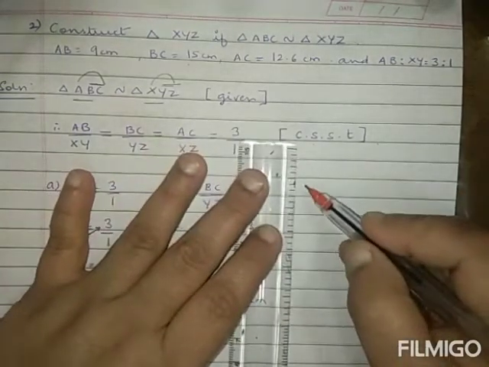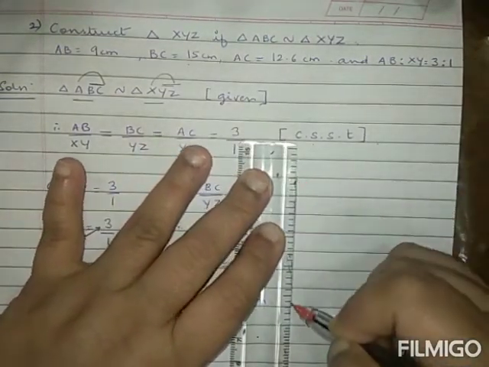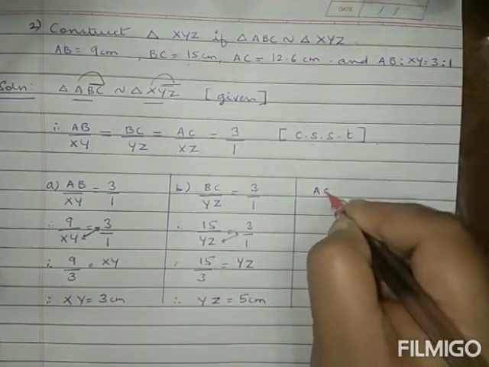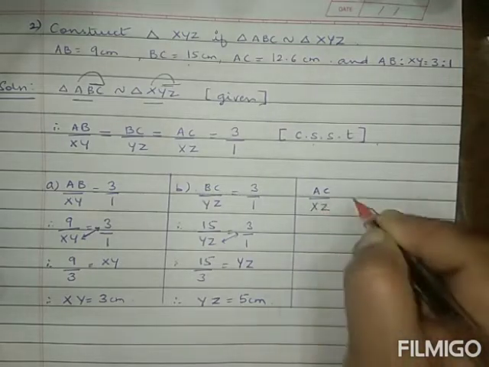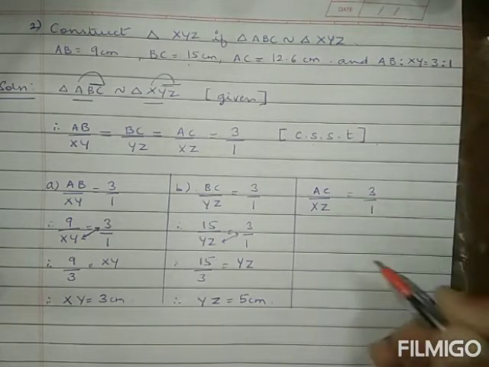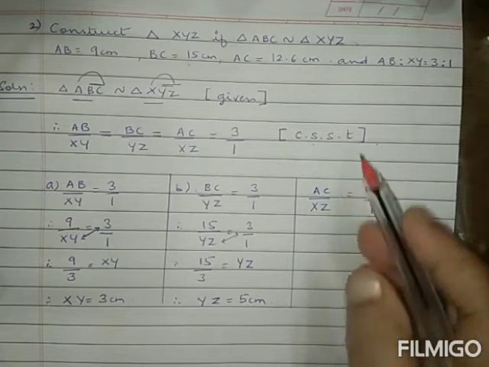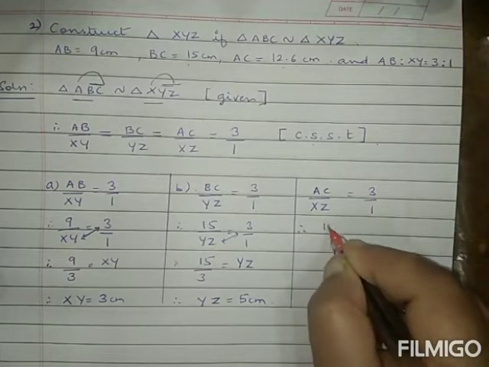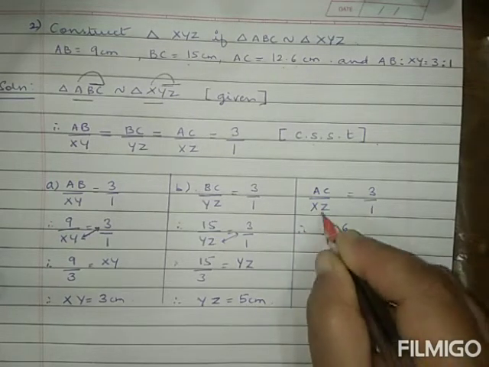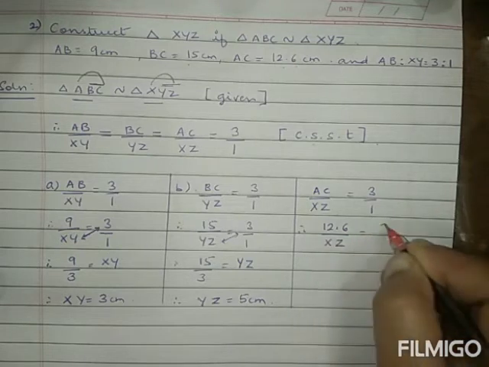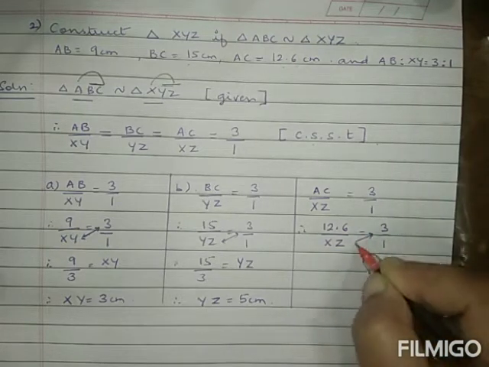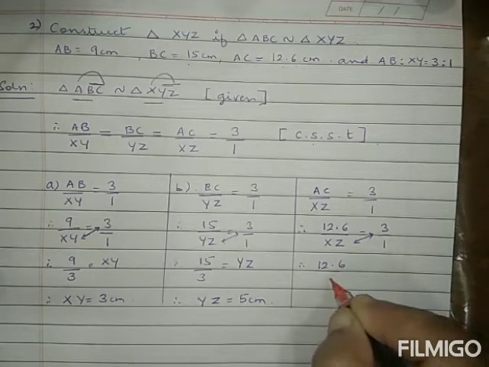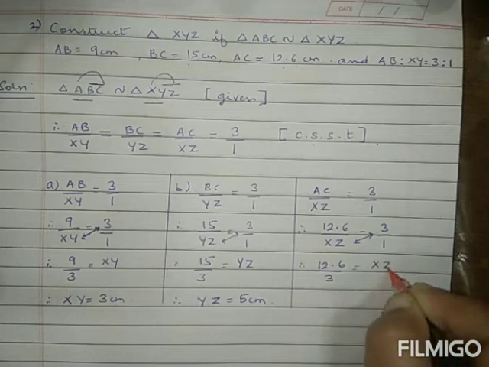Okay, now after this we go on to the last part, which is AC upon XZ. AC upon XZ equal to 3/1. AC is given to us as 12.6. Therefore, 12.6 upon XZ equal to 3/1. Therefore, 12.6 upon 3 equal to XZ.